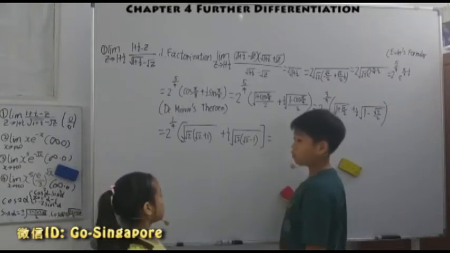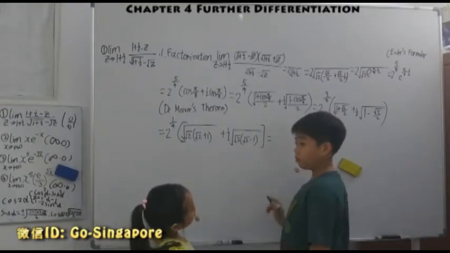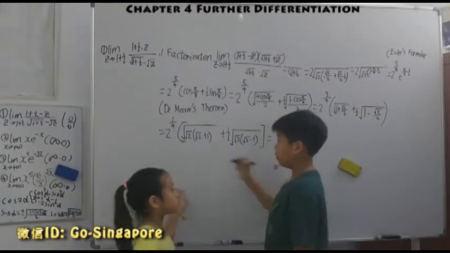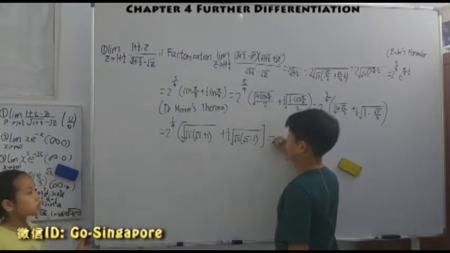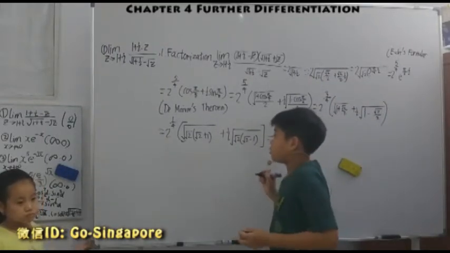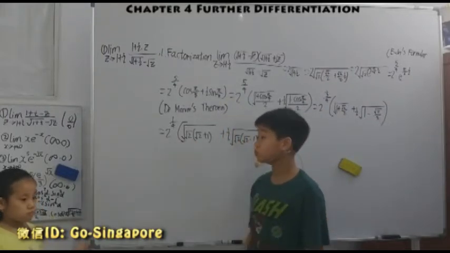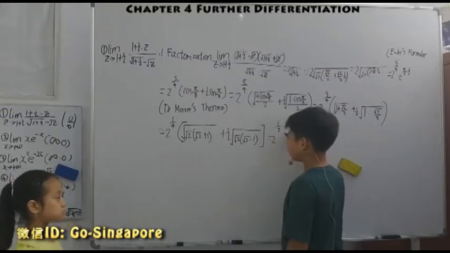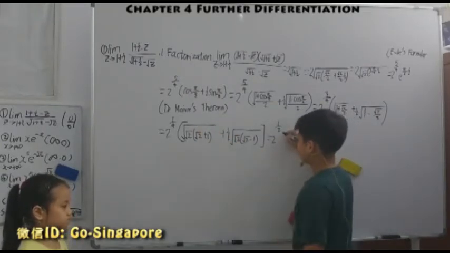Two to the power of half. Wait, this part? Oh, the next step, right? So we'll have to find... Oh, so it's just square root 2, right? Yes. So we take out all of the square root 2, add back.